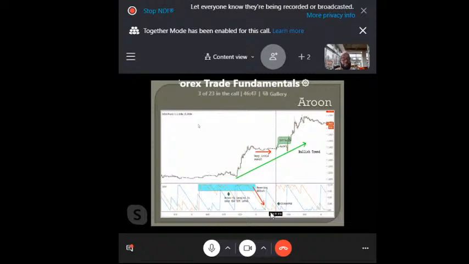Where it crosses, look at them. Aroon Down is on top, but after the join, Aroon Down continues to be below. Aroon Up is below, then after this join, which is shown by an arrow, it starts going up. That's a reversal. Can you see it? Look at the red arrow.